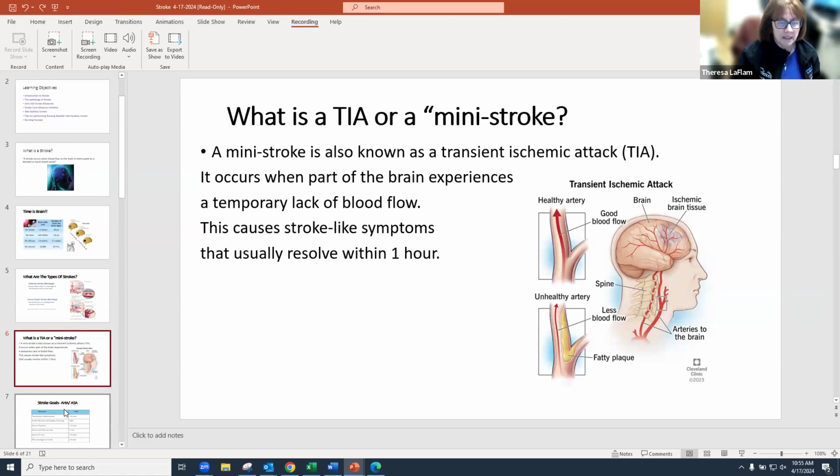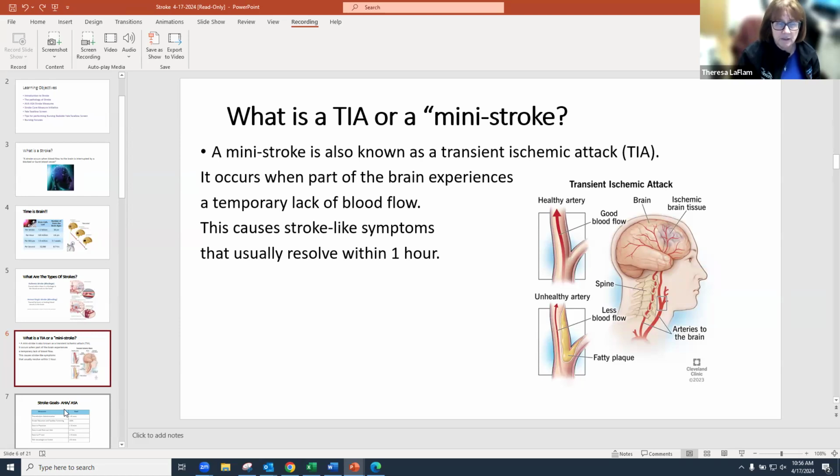It's the mechanism and the symptoms of what a stroke looks like and how it occurs, but there's no permanent damage. So in an ischemic stroke and a hemorrhagic stroke, there's damage done to the brain. The TIA, its little nickname, mini stroke, is only transient. So TIA stands for transient ischemic attack.